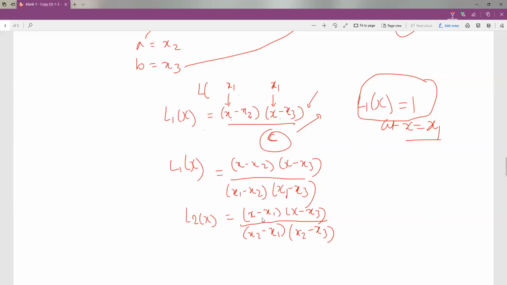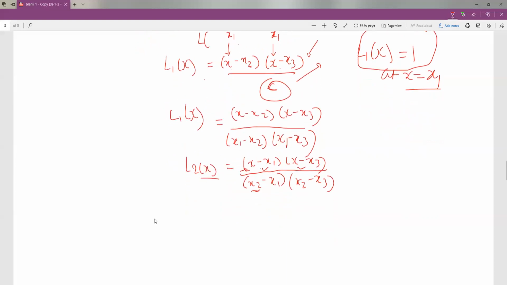It should vanish at x1 and x3, and when you evaluate it at x equal to x2 it gives a unit value. That's how L2 can be written.